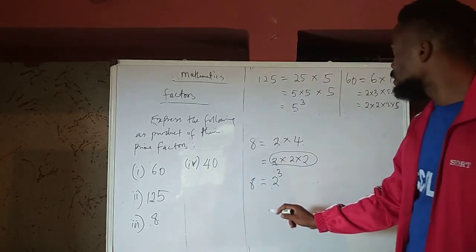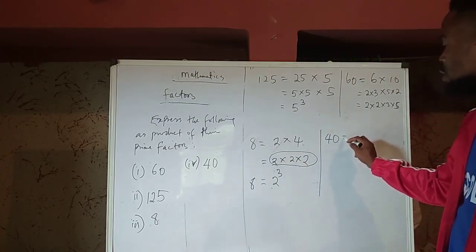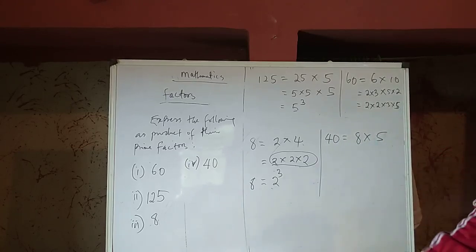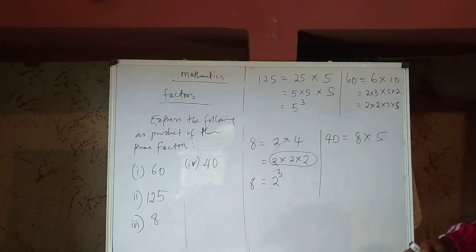The same thing can be done for 40. Okay, let's say we are going for 40 now. 40 can be written as 8 times 5, right? Any number can work. 4 times 10 can work.